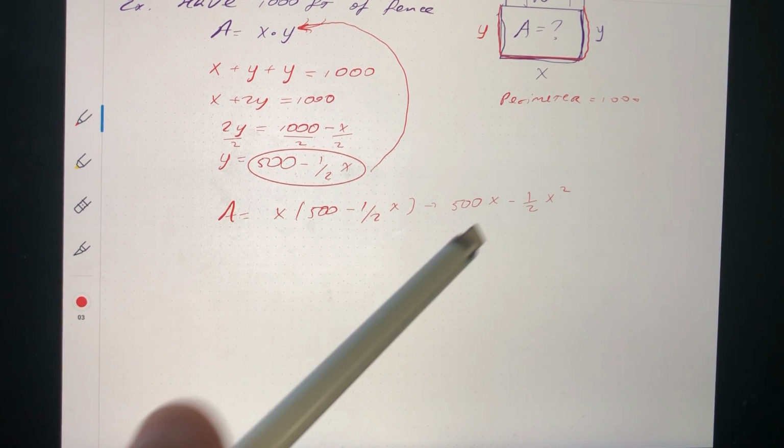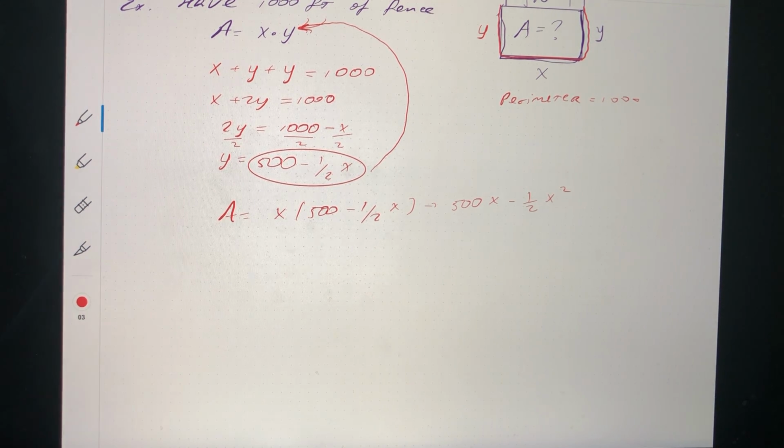That's a quadratic. The highest power is 2, and we usually write them in descending order. The highest power would be first, so the x to the 2 is first, and then the second highest, and the constant, there is no constant.